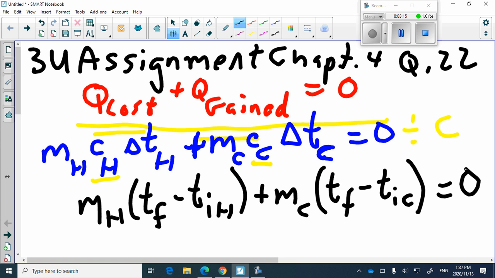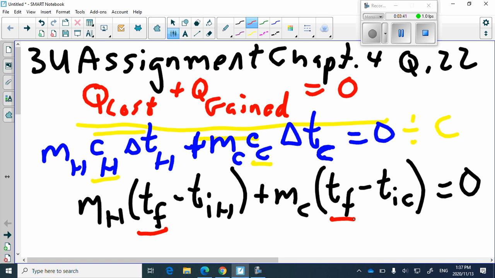Now, the interesting thing about this is when heat transfers between two objects, eventually they will come to a common final temperature, right? One will lose temperature and get there, the other will gain temperature and get there, but it's a common final temperature. So as far as I can tell here, you know the final temperature, right?